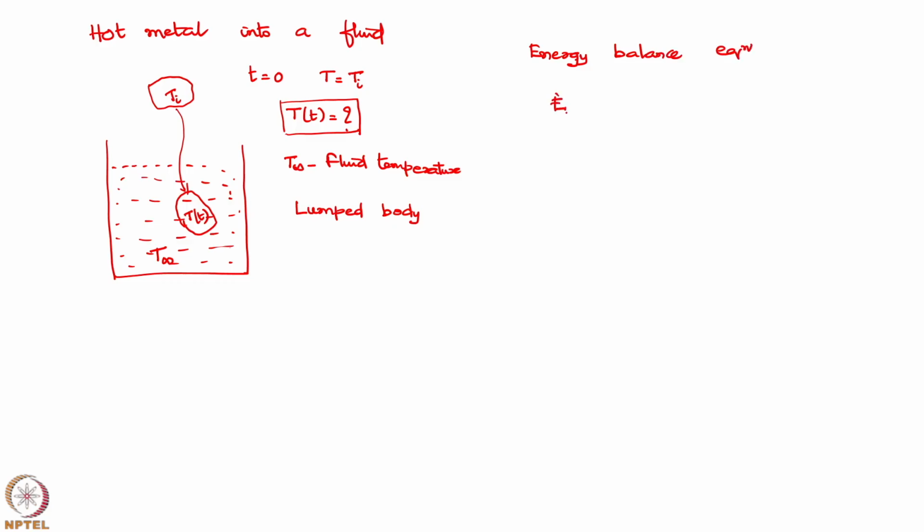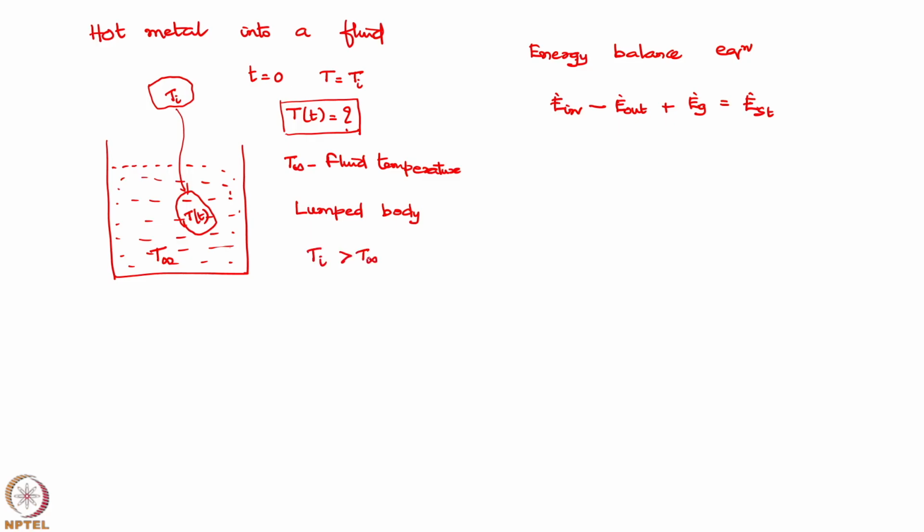The energy balance equation is E dot in minus E dot out plus E dot G is equal to E dot St. Now what's happening? I have taken that the body is hot, that means Ti is definitely greater than T infinity.